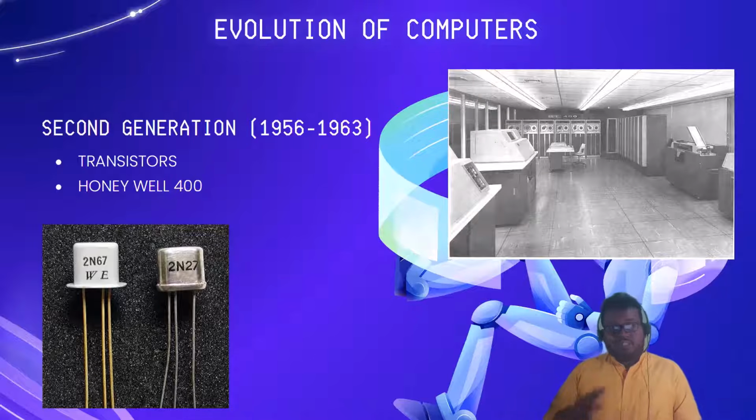Transistors are much smaller than vacuum tubes. If you can imagine, this is the size of a fingernail, and more reliable and didn't burn out as easily as vacuum tubes, and used less power, and for that reason generated less heat, made computers faster and more affordable than the previous generation.